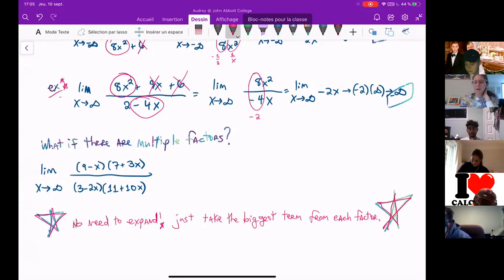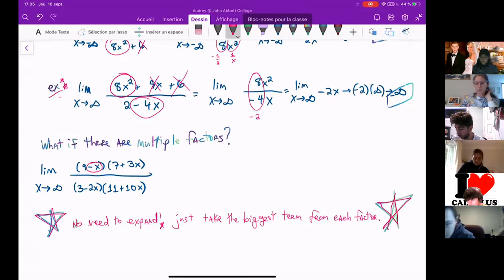So I'm going to look at 9 minus x. What's the biggest thing there? X. Do I need to take the negative with me? Oh, yeah, minus x. I'm going to take the minus x. So taking the coefficient is important. What about in the 7 plus 3x? What's the big thing? 3x. You got it. 3 minus 2x?